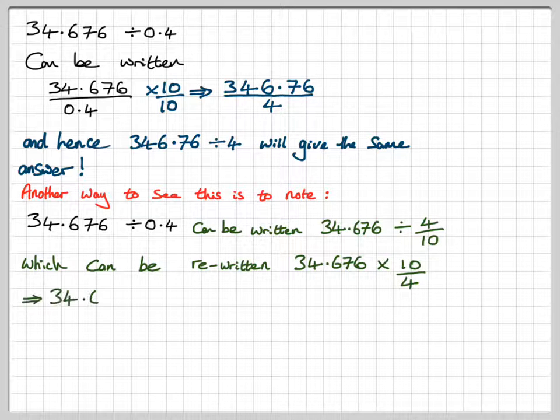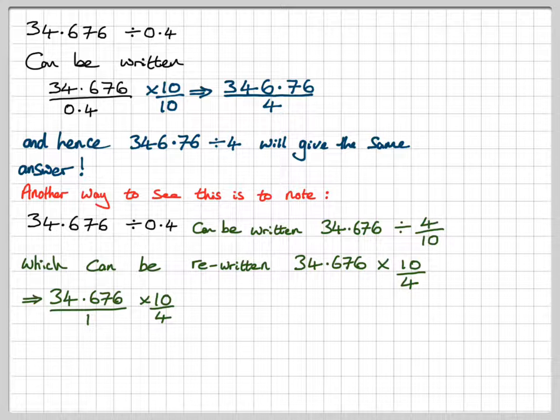Now, if we wanted to, we could write this down now as the product of two fractions. We could write 34.676 over 1, which is still 34.676 of course, times by 10 over 4. This does look a little bit strange because, strictly speaking, we shouldn't have a decimal in a fraction, but during our working out it really doesn't matter.